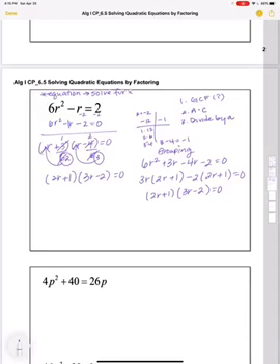Now comes where we have to actually solve because it's equal to 0. So I've got to tell you what actually r could be. So now we set each factor, so 2r plus 1 equals 0, or 3r minus 2 equals 0. So what does the value of r have to be?